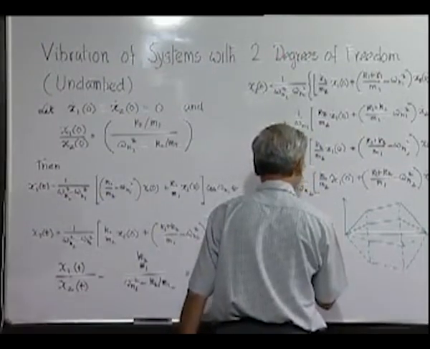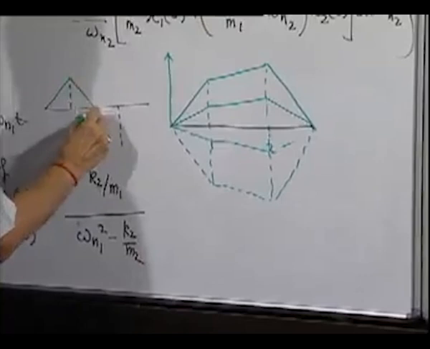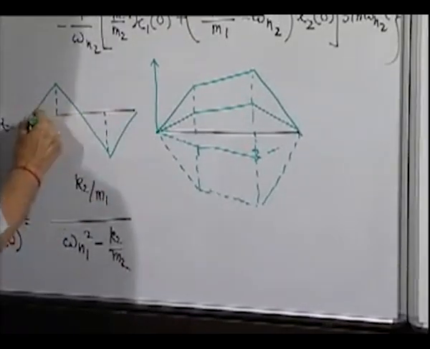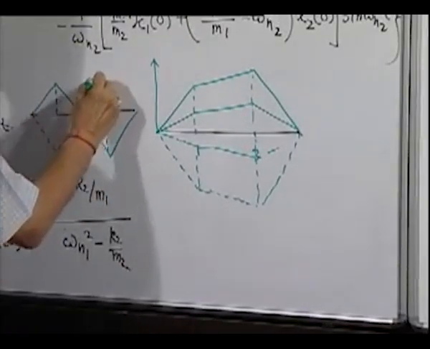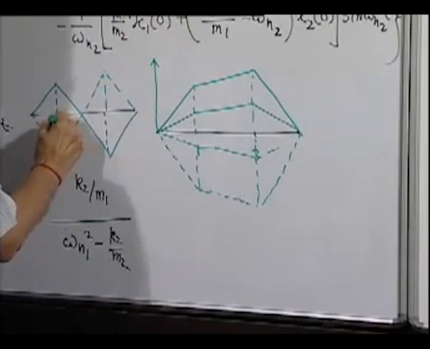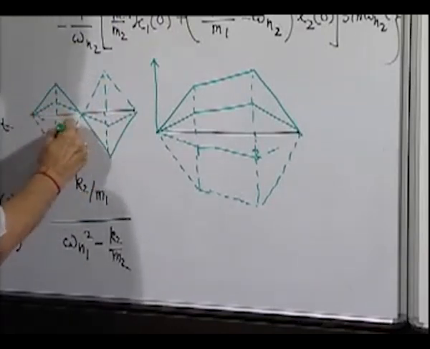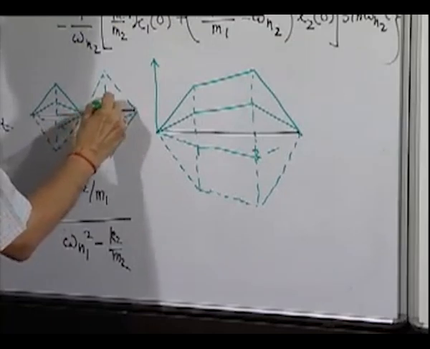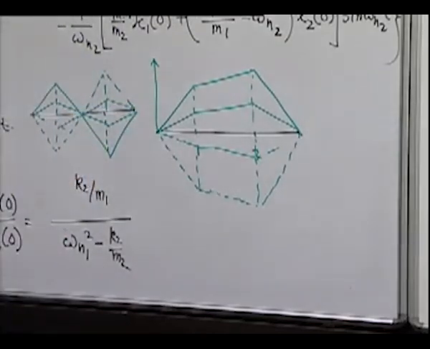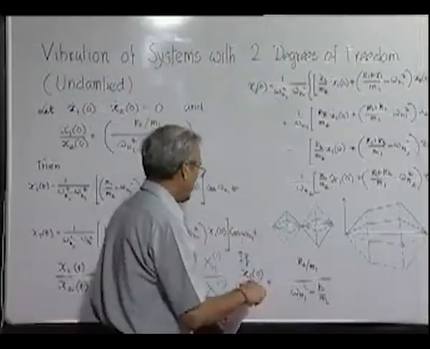I am not writing because these are long, but they will be very similar expressions where this will be cosine omega n 2t, cosine omega n 2t both. And that mode will be again something like this. So, we will see that one goes in this direction, at the same time other goes in this direction.